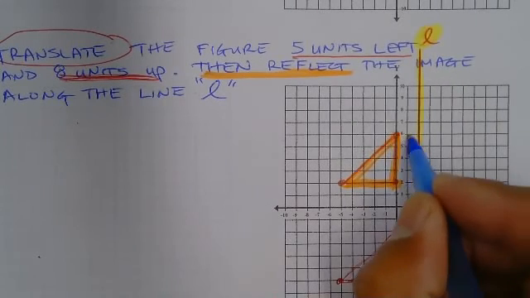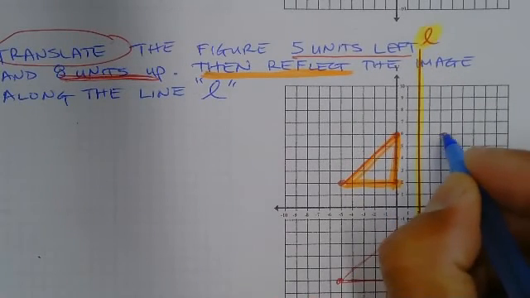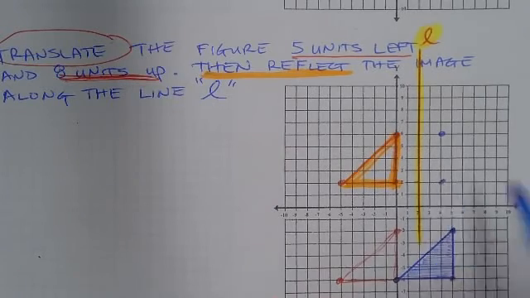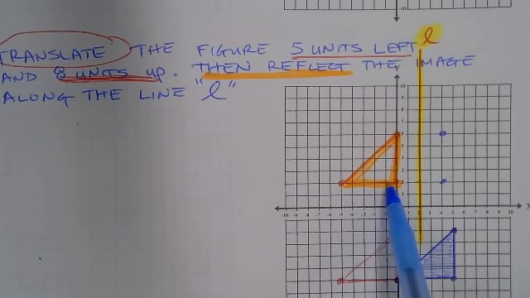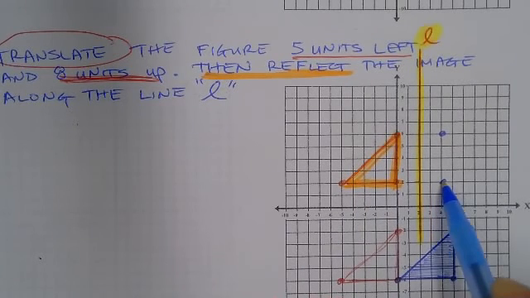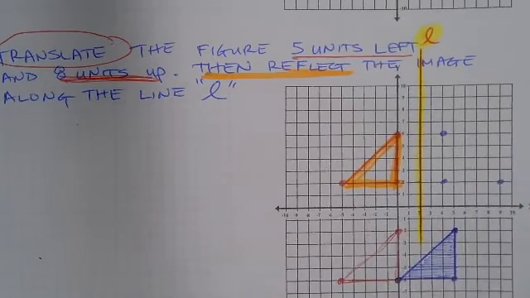How do we do a reflection? Well, count each point to that line and count the same distance the other way. 2 to the line, so 2 to the other side. And then, what's this? 1, 2, 3, 4, 5, 6, 7. So 1, 2, 3, 4, 5, 6, 7.